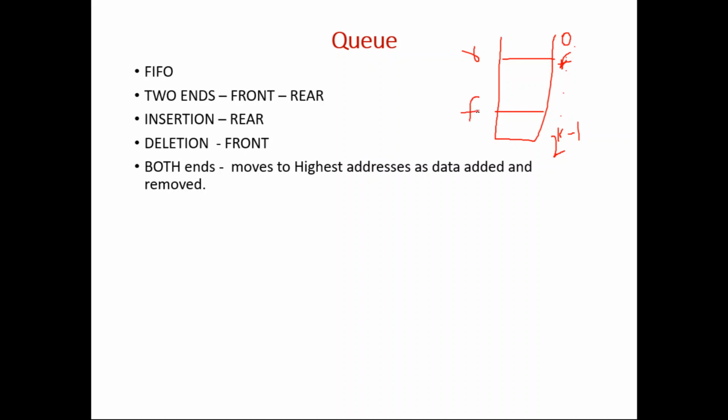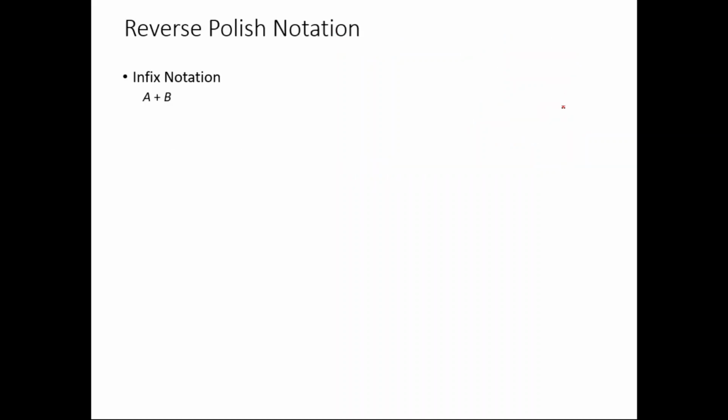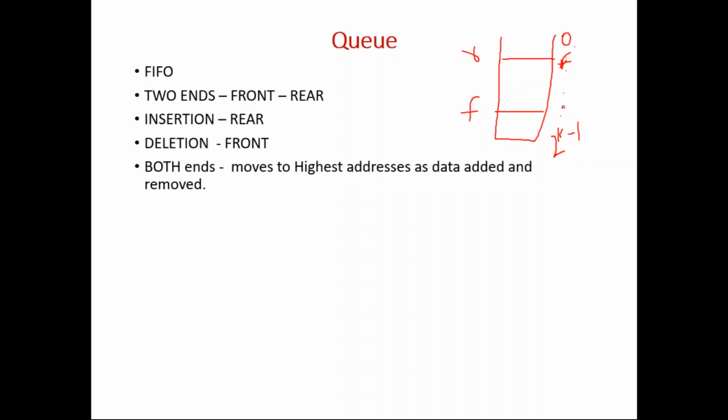Initially, if this is the queue capacity, what will front and rear be? That will be the least address. Say the least address is 10, and the size of the queue is 90.